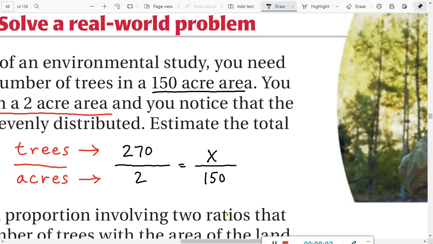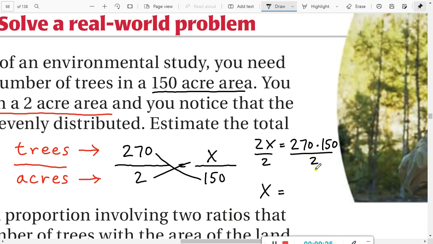All right, cross multiplying. We have 2 times X, and that equals 270 times 150. All right, solving for X, you just divide both sides by 2. And I'm going to do this on the calculator. Okay, you can start doing it by hand. If you want to do 150 divided by 2, that's 75.